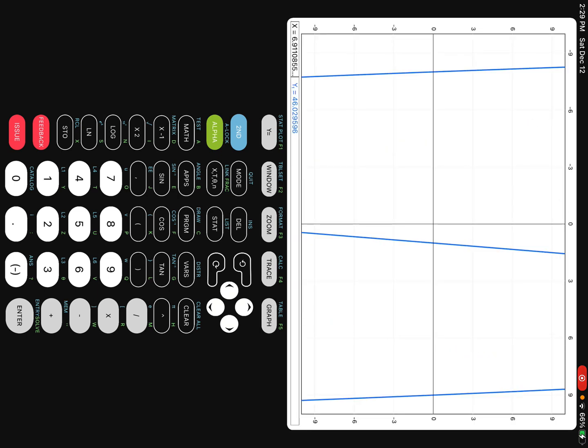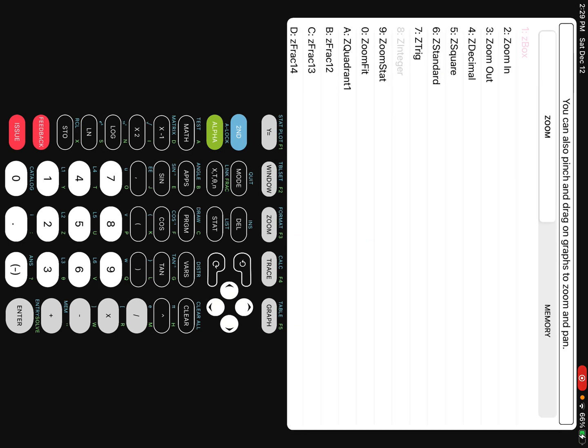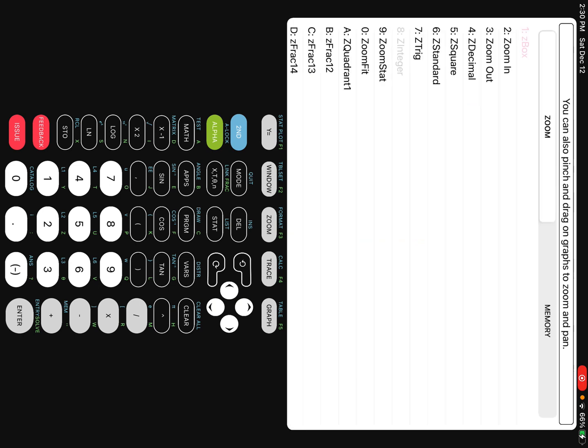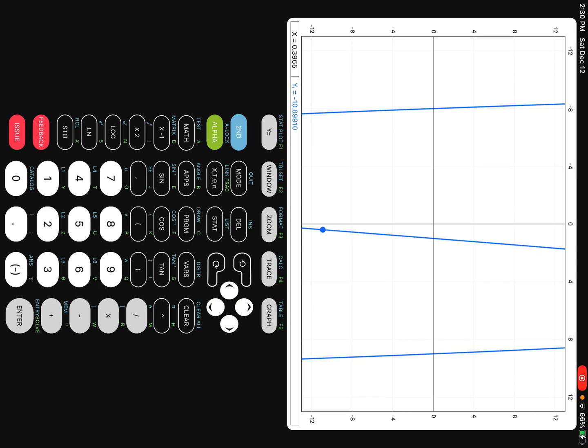Okay. Basically, because I know the way the graphs are going, I'm going to show you what this looks like. I'm going to zoom out and see if I can help out seeing what it looks like. Let's see if we can zoom a little bit.